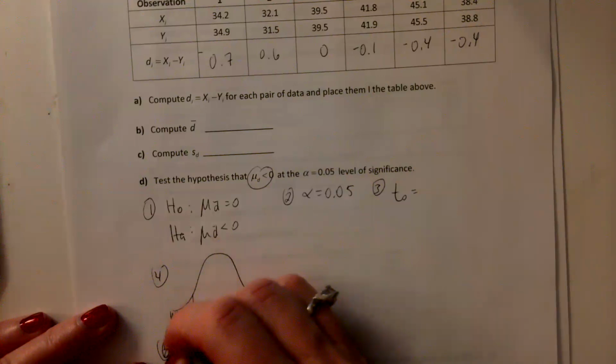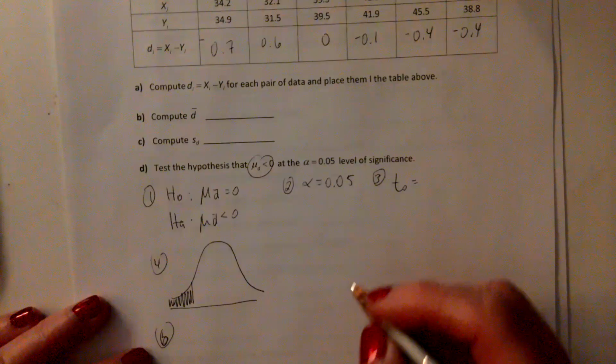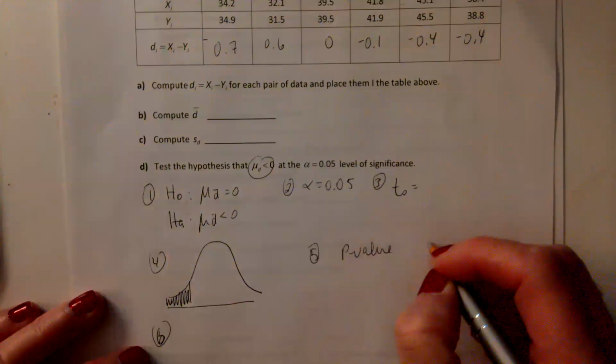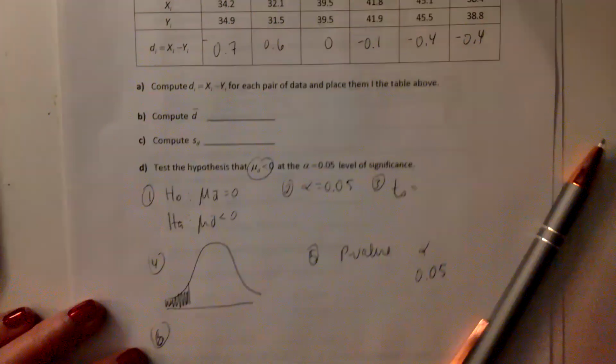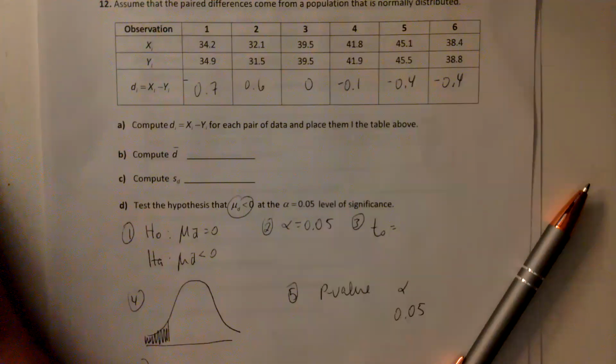And it's a left, so we're shading on the left here. And then we're going to go ahead and compare our p-value to the alpha of 0.05. So let's just head over to Desmos here.